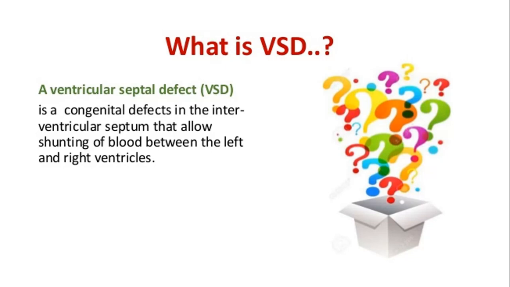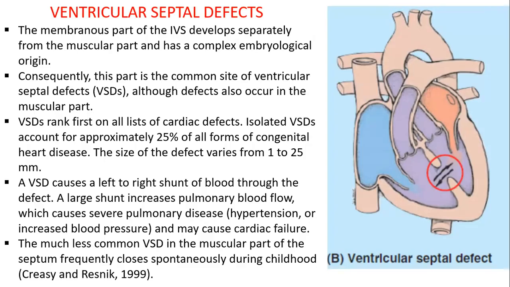So the first one was between the right atrium and the left atrium, but here there is a defect in the ventricular septum, and shunting of the blood is from the left side to the right side, because after birth the pressure on the left side is much bigger than the right side. The left side pressure is normally 120 millimeters of mercury, and the right side pressure is 35 to 40 millimeters of mercury. So blood will shunt from the left side towards the right side.